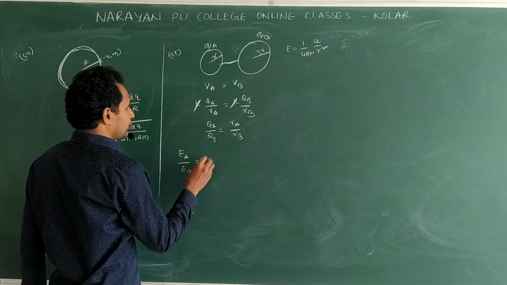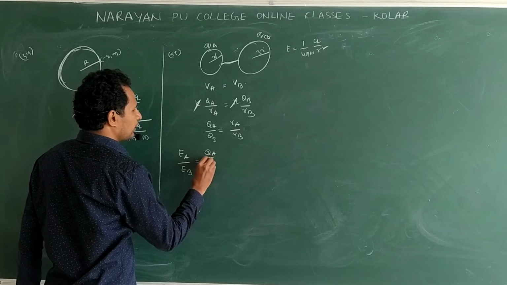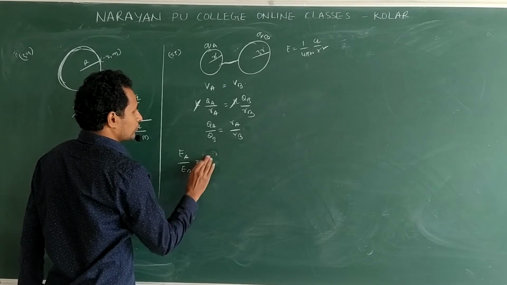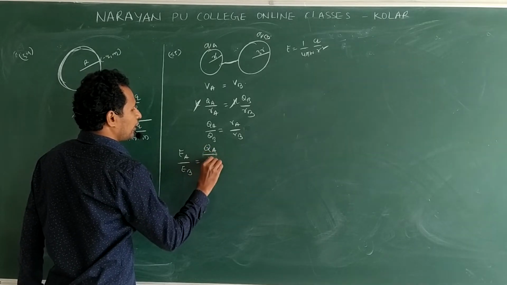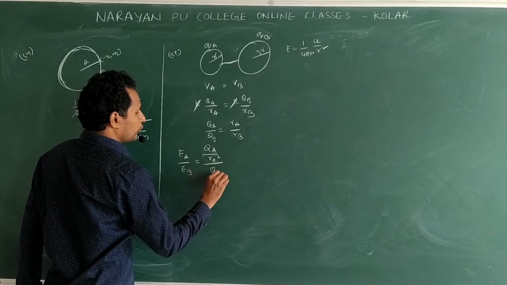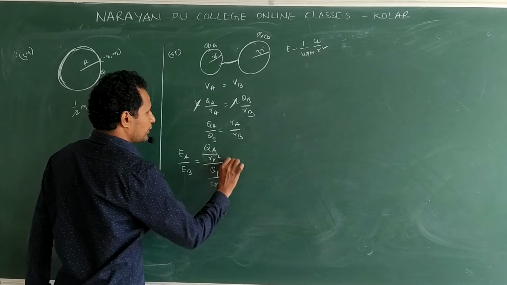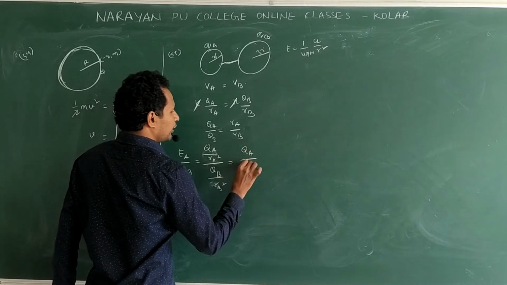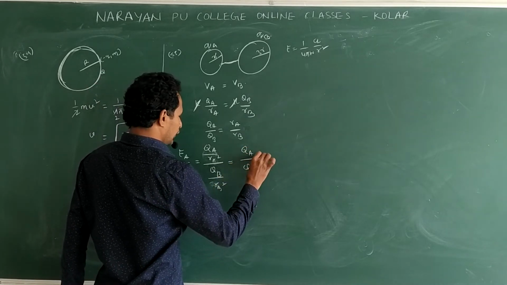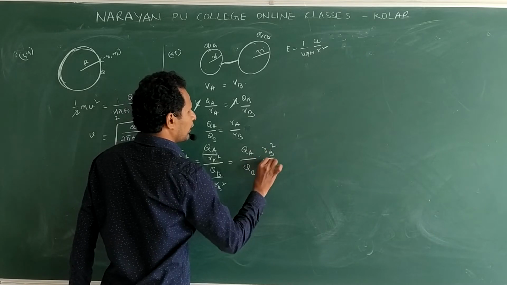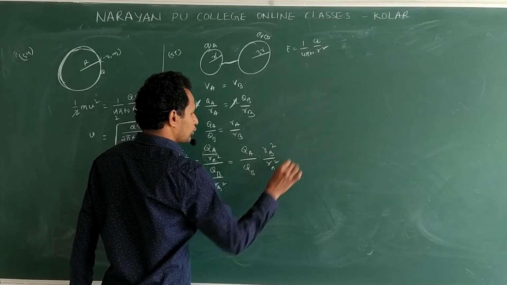Now based on this, we can write QA by RA square by QB by RB square. This will be QA by QB into RB square by RA square.